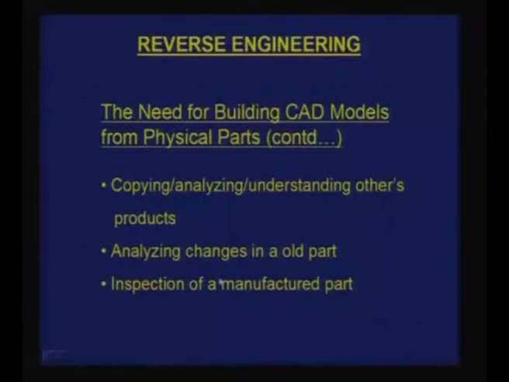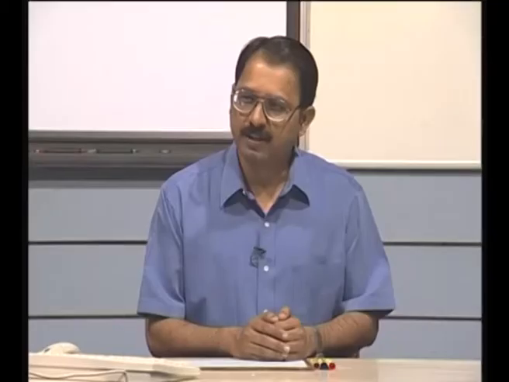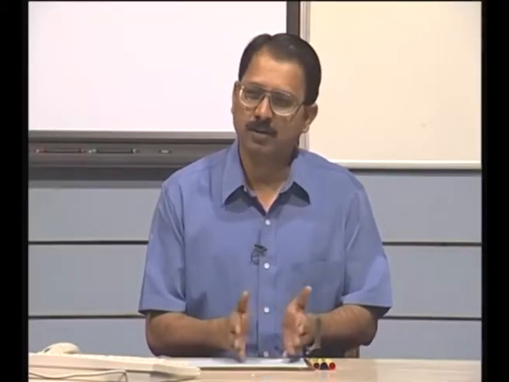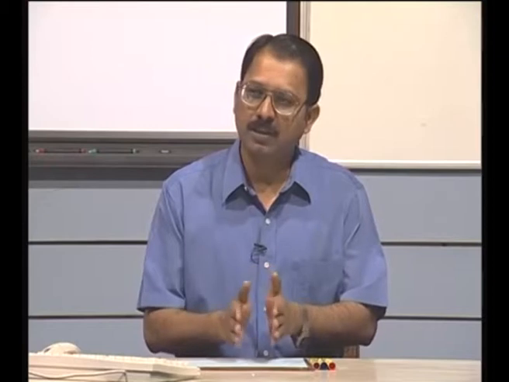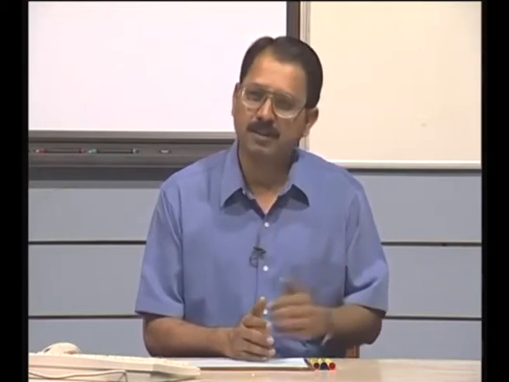One of the most common applications of building a CAD model from physical parts is inspection of a manufactured part. In all manufacturing processes, the intention is to realize the geometry which has been designed. But in most manufacturing processes, the geometry you obtain can never be perfect, or never match the design geometry.